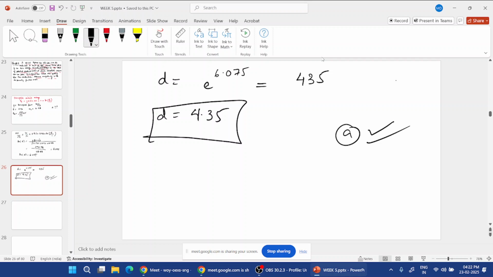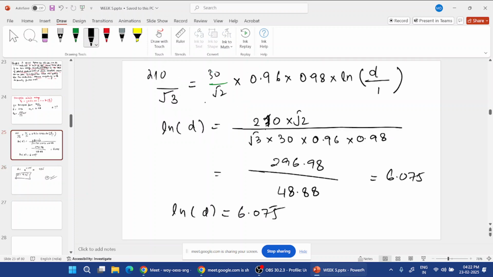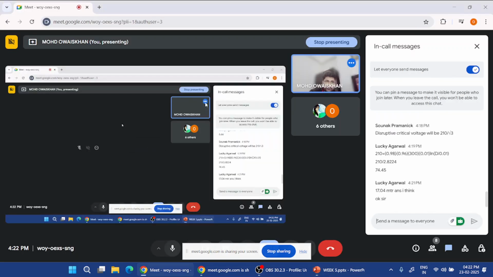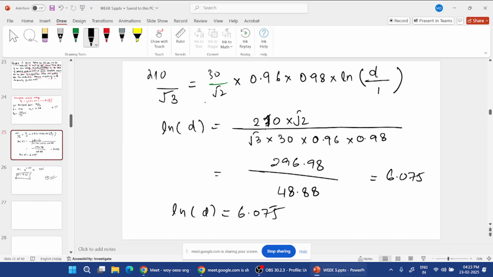So that's why 30 divided by root 3 and VL by root 3. Why? Because we calculate line to neutral voltages. That's why we divided VL by root 3. Hope this is okay. That's why 210 by root 3 is there.